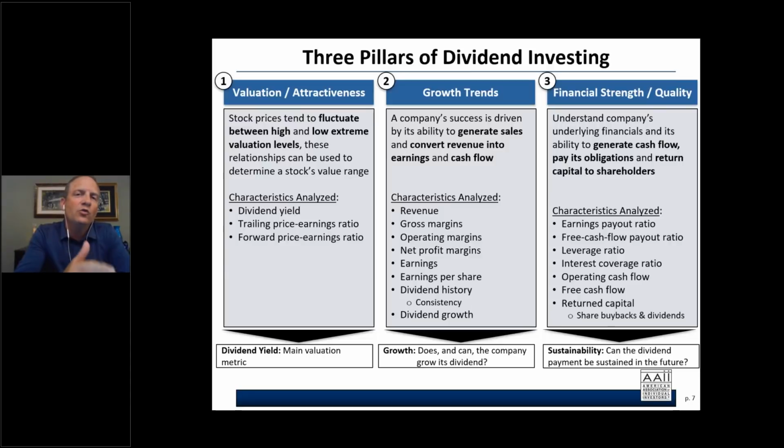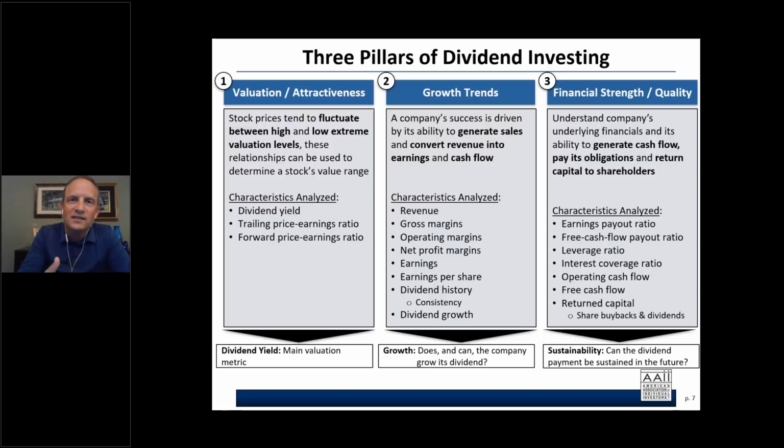We look at valuation because stock prices tend to fluctuate between high and low extreme valuation levels. And these relationships can be used to determine a stock's value range. We also look at PE ratios, but the main valuation metric that we use at dividend investing is the dividend yield.